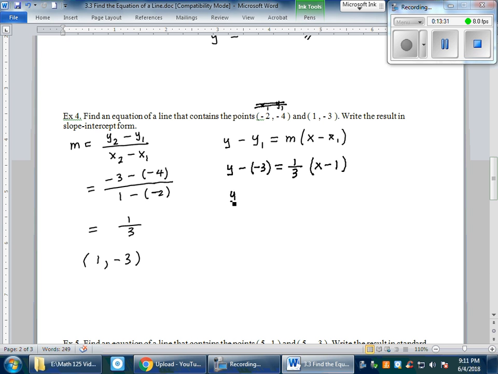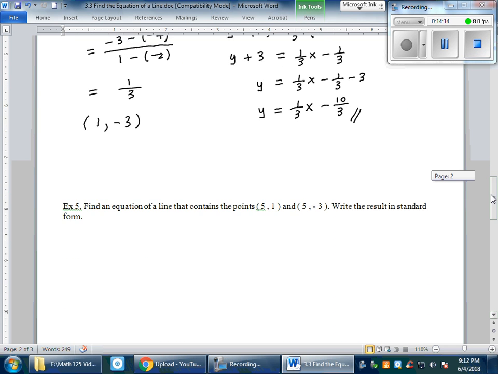So finally, it will be y plus 3 equal to 1/3 times x, which is 1/3 x, and 1/3 times -1 is -1/3. And we want to put it into slope-intercept form, so I will subtract 3 from both sides. So it will be y equal to 1/3 x minus 1/3 minus 3, which will give us y equal to 1/3 x minus 10 over 3. And this will be my final answer.